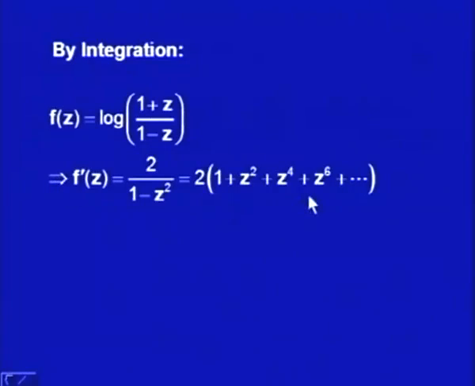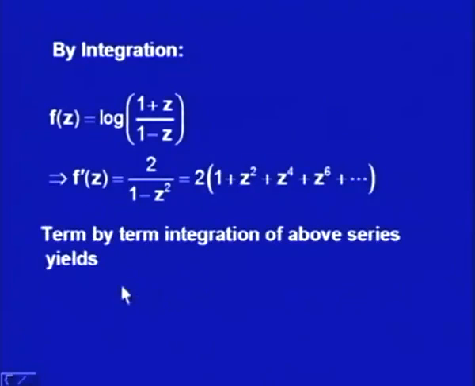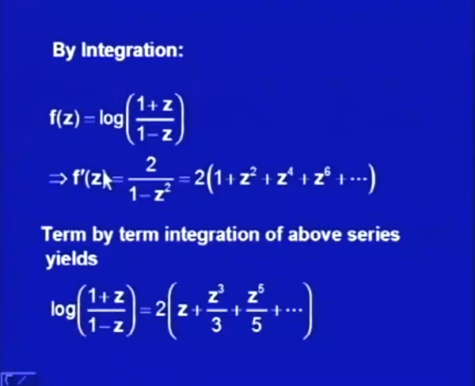So, integration gives me f(z), which is nothing but log of (1 plus z) over (1 minus z). On the left hand side we will have log of (1 plus z) over (1 minus z), and when we integrate the right hand side, it is 2 times (z plus z cube by 3 plus z^5 by 5 and so on).